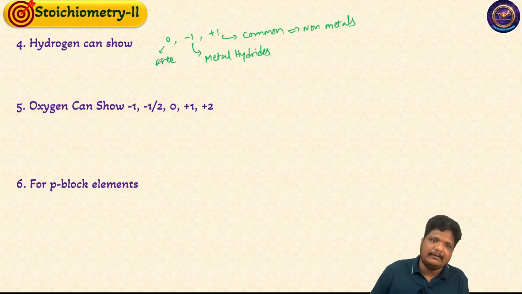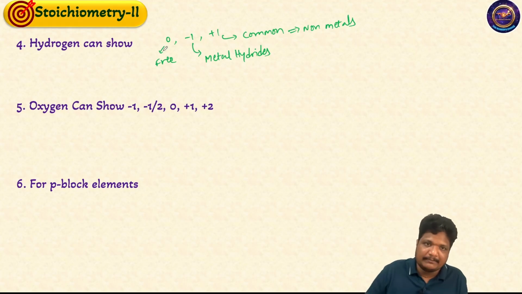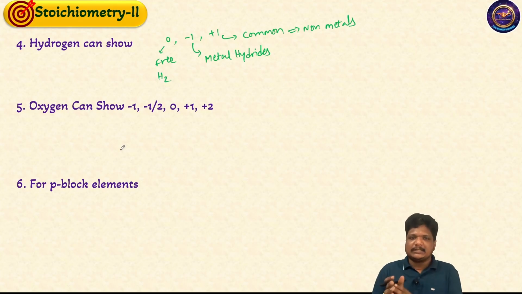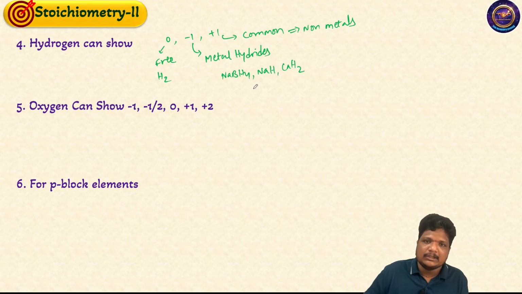In free state it will be in zero oxidation state, so in the H2 molecule it shows zero oxidation state. Metal hydrides like NaBH4, sodium hydride, or calcium hydride show minus 1 oxidation state.